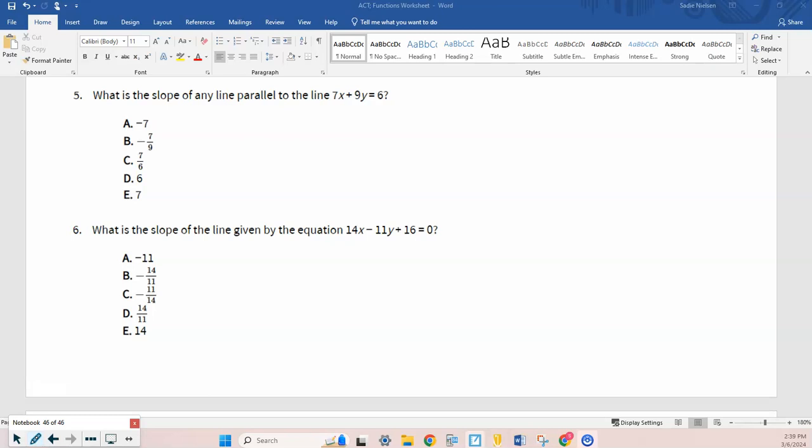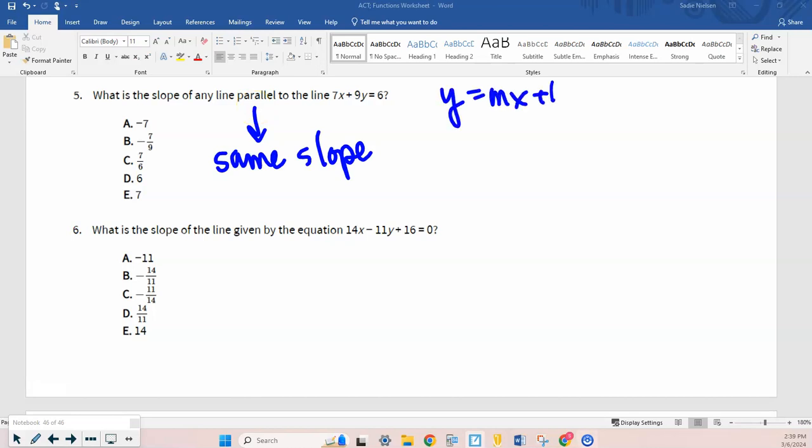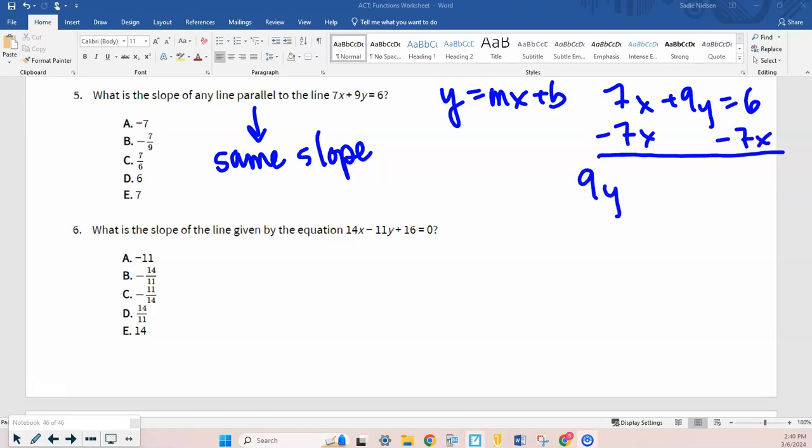So parallel lines. The first thing you have to know about parallel lines is they have to have the same slope, right? And if you're like, well, how do I find their slope? Well, you go back to slope-intercept form, right? We're going to take 7x plus 9y equals 6, and we're going to solve it for y. So if I subtract 7x over, you get 9y equals negative 7x plus 6.